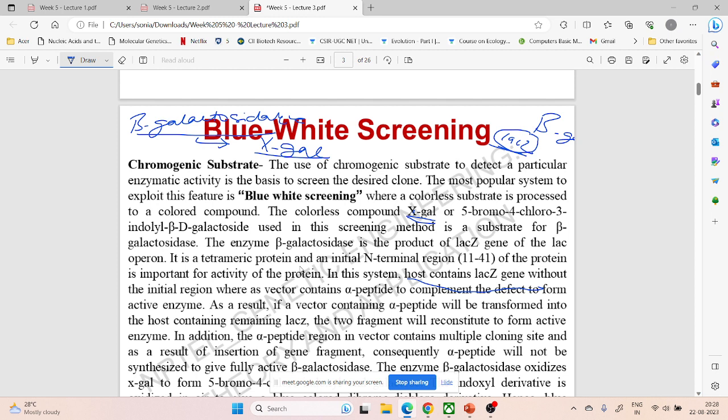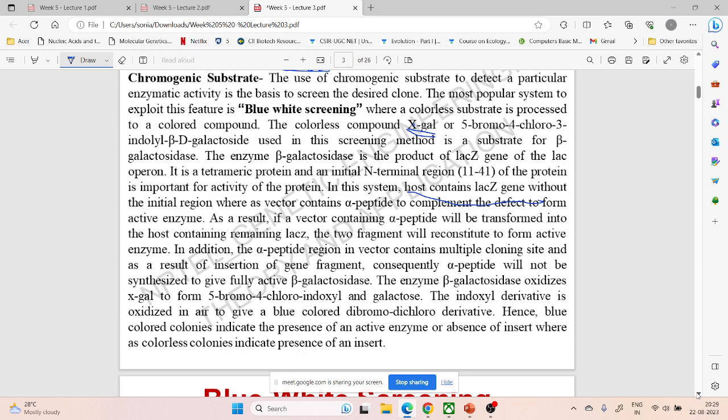Hence, when you provide X-gal externally, a blue colored product will be formed. Basically, the N-terminal region from the vector will join or reconstitute with the C-terminal region of the lacZ gene which is present in the host. Therefore, a functional lacZ gene would be produced only when you supply the vector, and when the functional gene is produced, the blue colored product is formed.